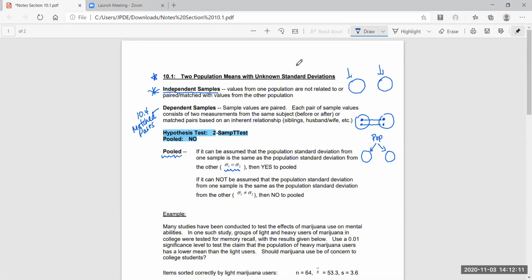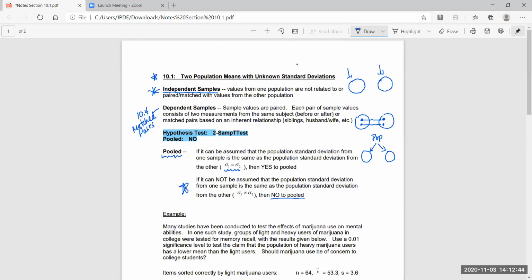The majority of the time, number one, we don't know the population standard deviation, so we can't assume that it's equal. And the likelihood of the population standard deviation being the same is very low. So none of the ones that we're going to do are going to have the standard deviations equal. So we're always going to say no to pooled.